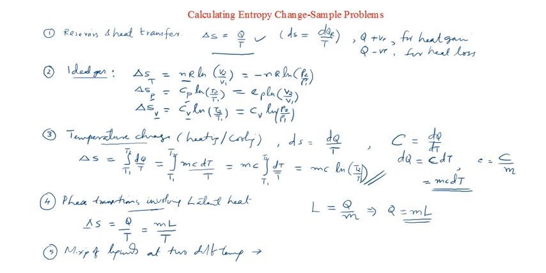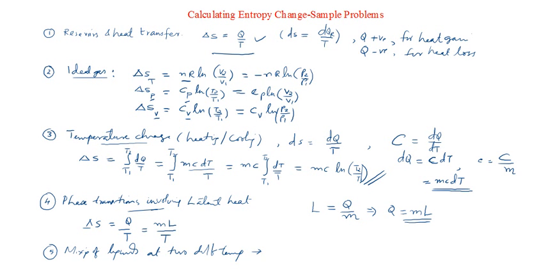For the first liquid, you calculate the entropy change going from low temperature to the intermediate temperature, so there will be a rise in entropy for that liquid. For the other liquid, the temperature decreases, so you calculate from high temperature to the intermediate temperature. So there will be delta S1 and delta S2. You add the two, and you get the total change in entropy of the system or the mixture.